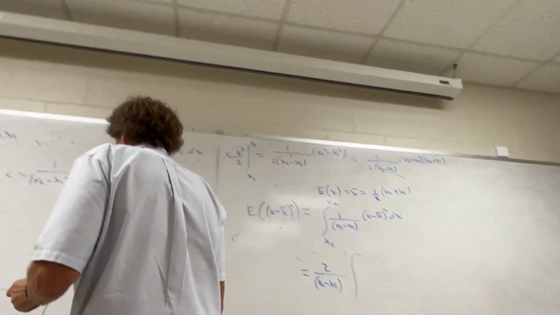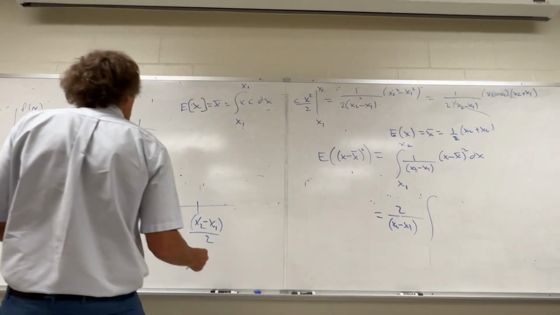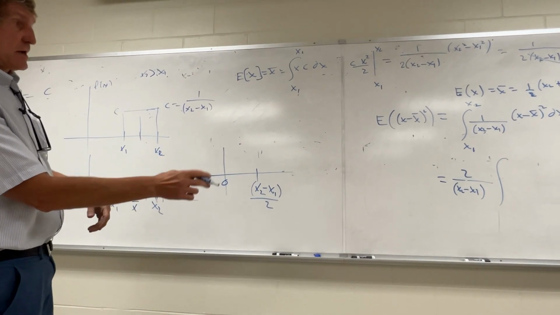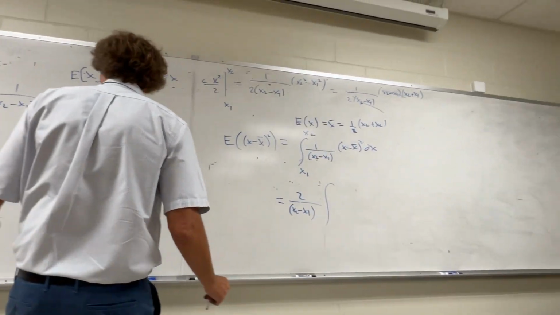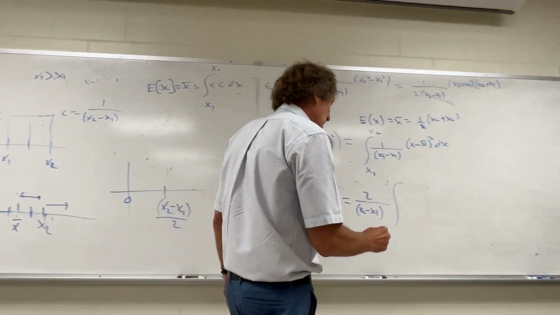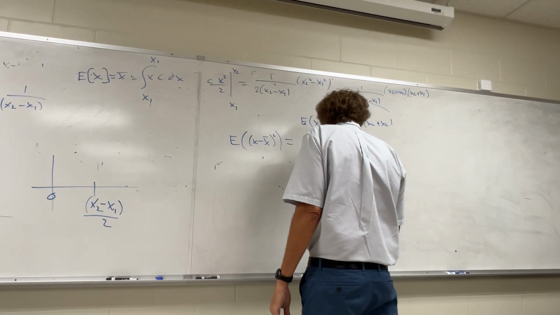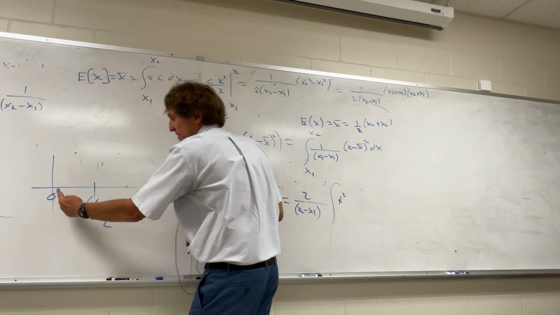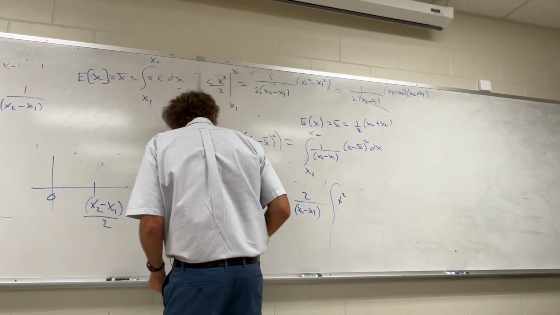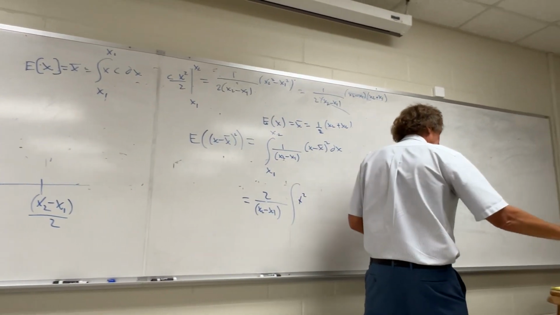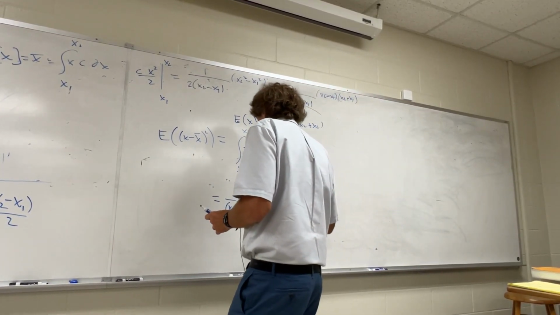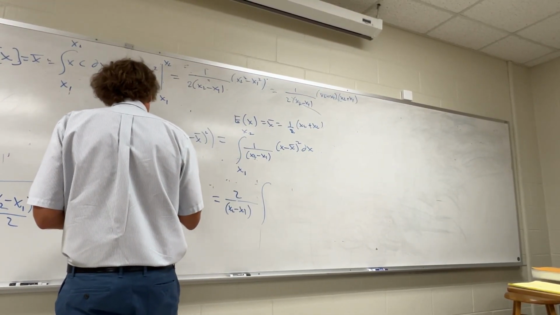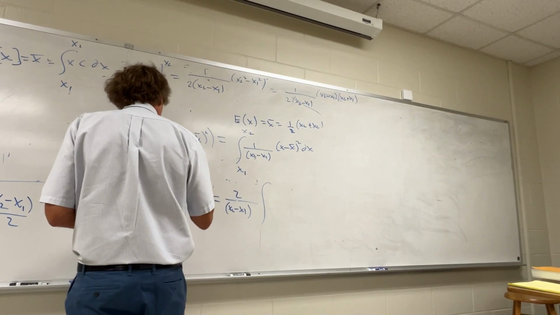So I'm going to take that and integrate it. Where am I doing that? Right here. I'm going to take twice the integral from here to here of x minus x bar squared. Let me find a different variable and call it y equals x minus x bar.